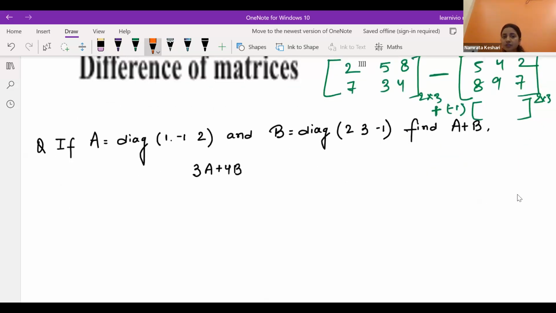Okay, now the next example. If A is a diagonal matrix as given and B is also a diagonal matrix as given, find A plus B and find 3A plus 4B.